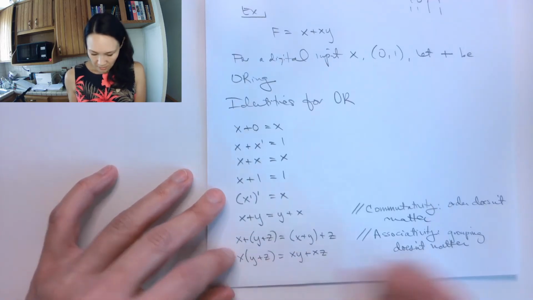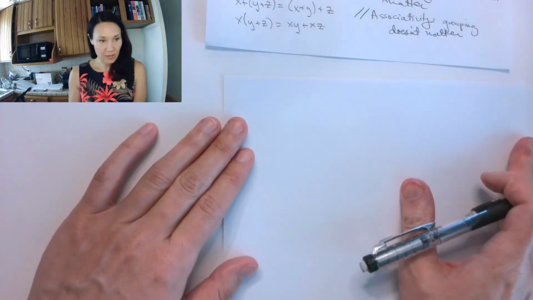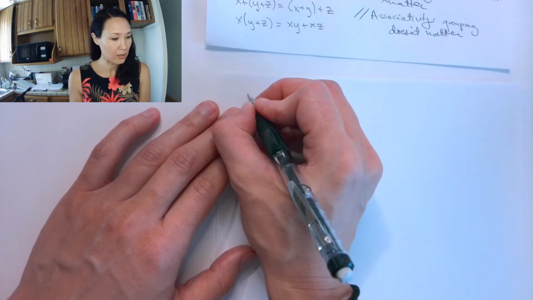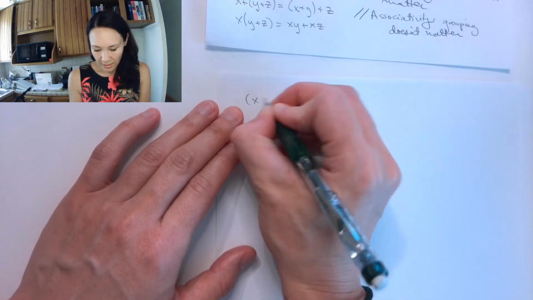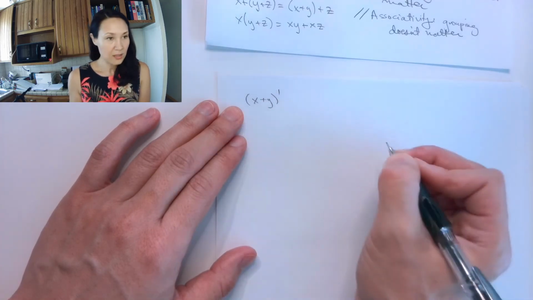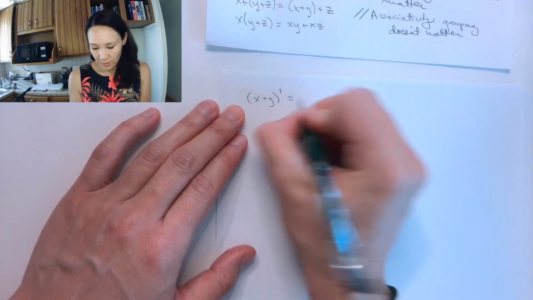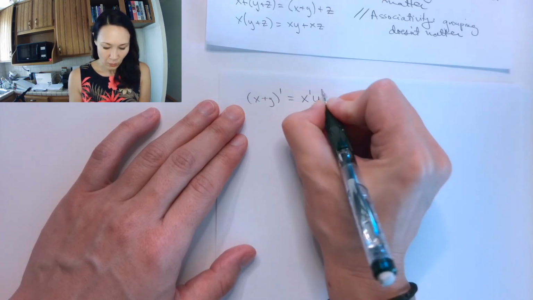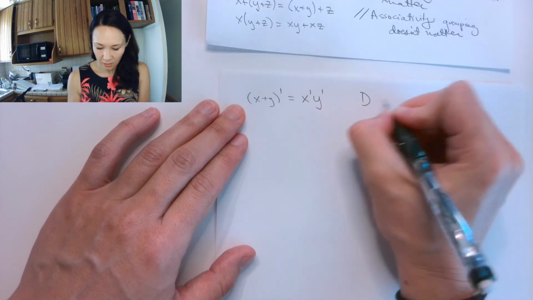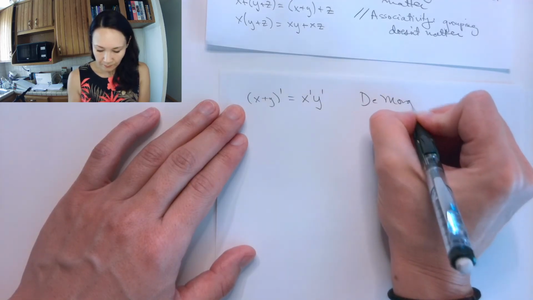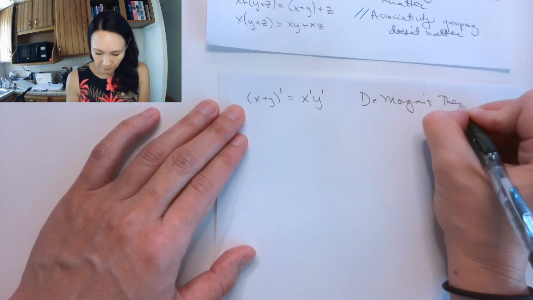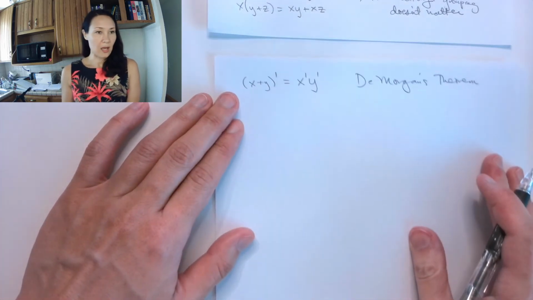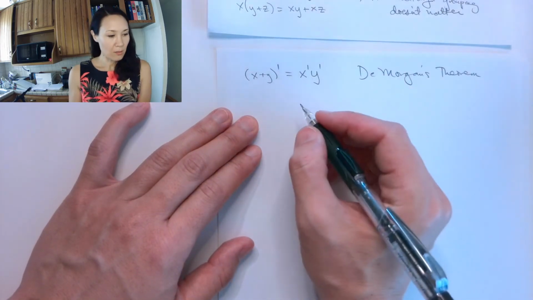And then the next one we have, and this one's important, I'm going to do a separate video just on this because we're going to use this quite a lot, and that is that if we have x OR y and we take the inverse of that, that's going to be equivalent to x naught ANDed with y naught. And this is called De Morgan's theorem. And we're going to use that a lot, especially when we're taking complements of functions, but more on that later.